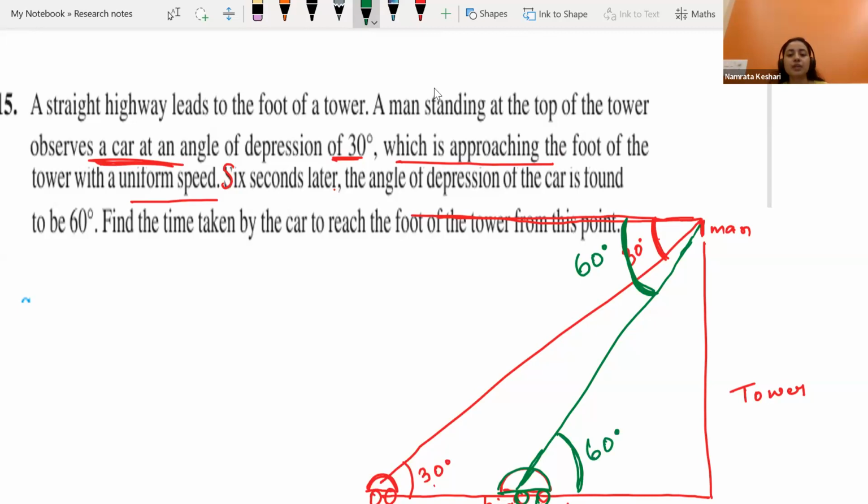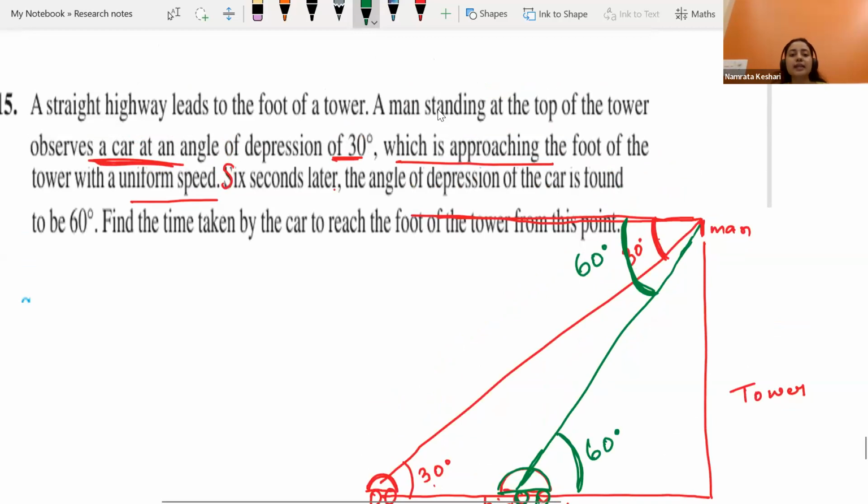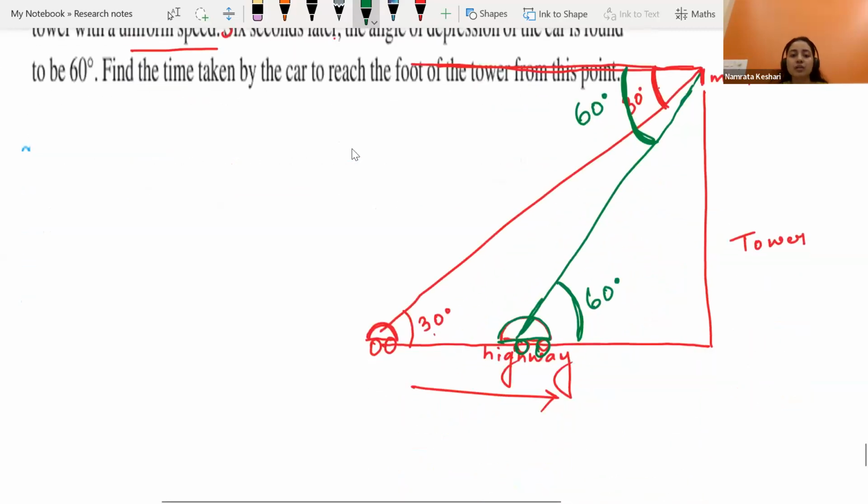Yes. Six seconds later the angle of depression is 60 degrees. So the car has traveled from here to here in 6 seconds. That's what is mentioned in the question.